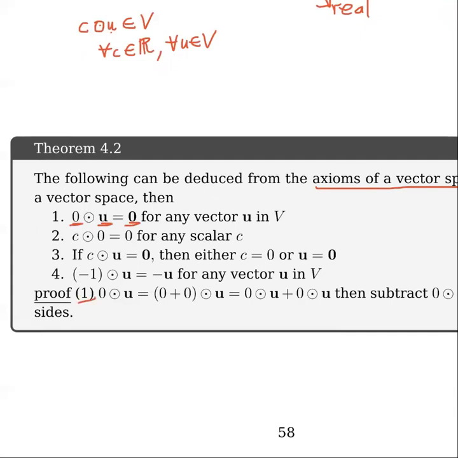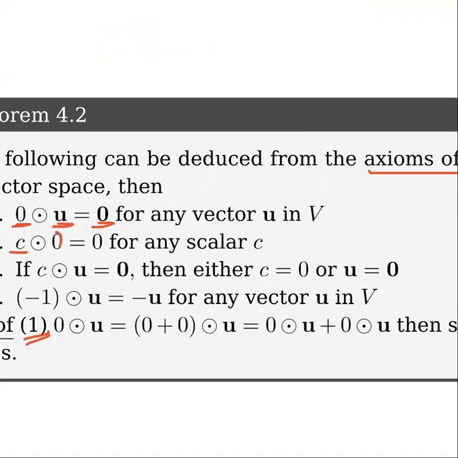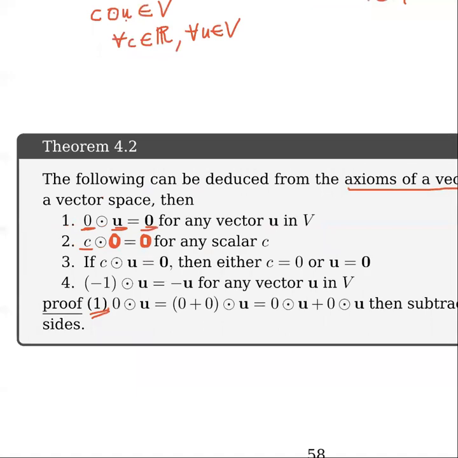I think we have a proof for this one. And if you take the scalar product of, what is this thing? I think this should be bold 0. Because I'm taking the scalar product with vectors, that's important. So c times the zero vector is the zero vector for any scalar. This is not an axiom, but a result of the axioms, and we know that they hold for the usual vectors as well.